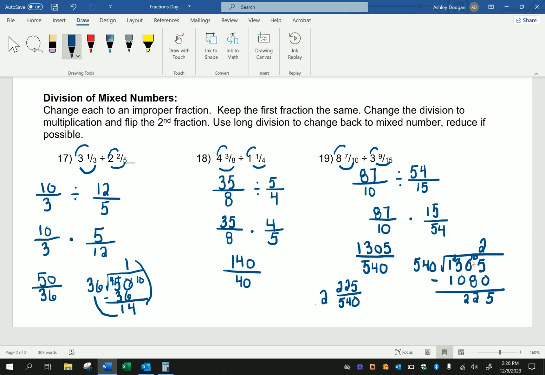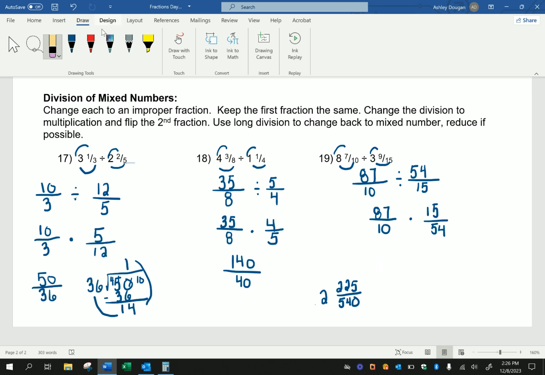All right. So for this one, we're going to have to simplify a fairly large number, 225 and 540. You might want to start off by trying 5 and see if that reduces it down to something that we recognize. And we might want to try some larger numbers and see what divides evenly. Maybe try 35 or 55 to see if that would work. They both will reduce by 45.